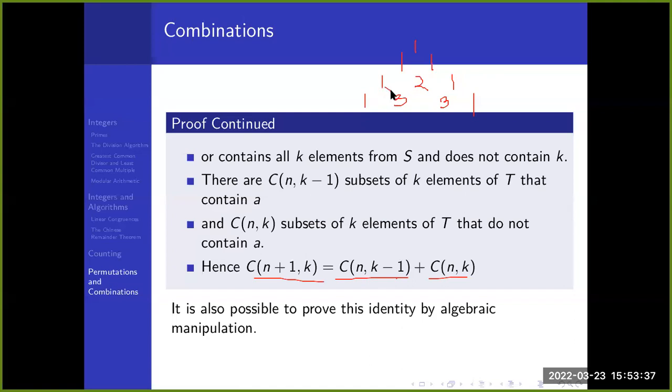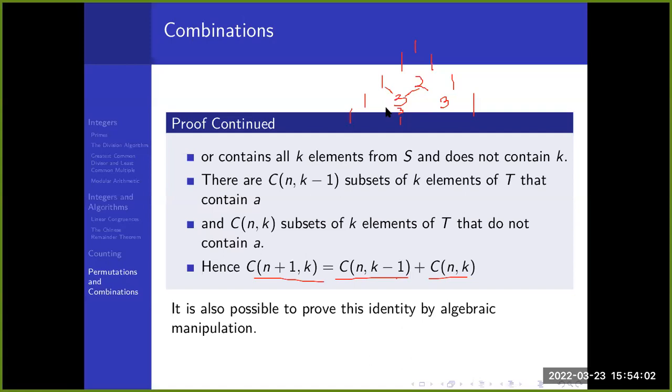If you want to get 3, you'll have to add 1 and 2. This is not a good example. We need a larger number, so let's keep going.